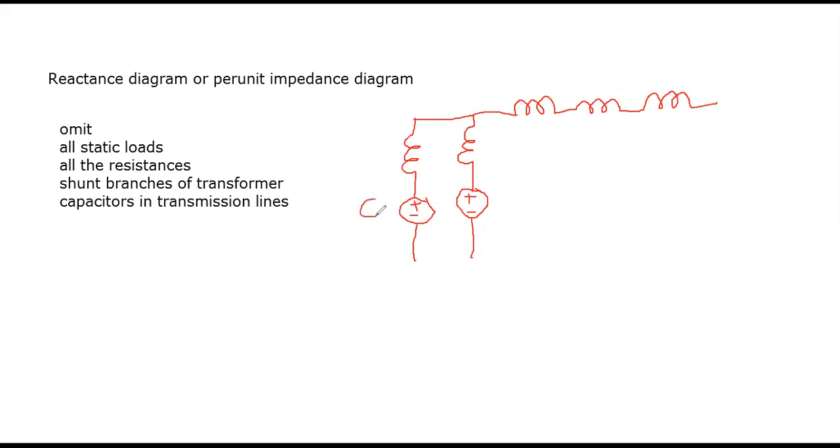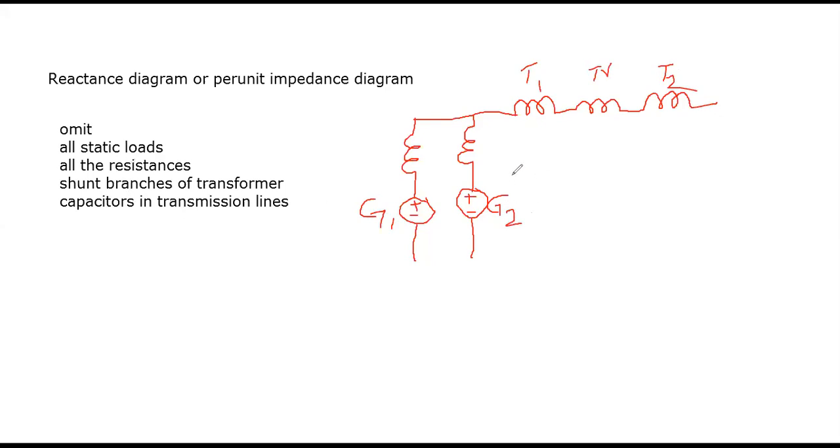So now see here, generator 1 section, generator 2 section, transformer 1 section, transmission line section, and this is transformer 2 section. Now again you will have one more parallel branch, that is static load B. But as far as the assumption is concerned, in order to obtain the per unit impedance diagram, you have to omit all the static loads.